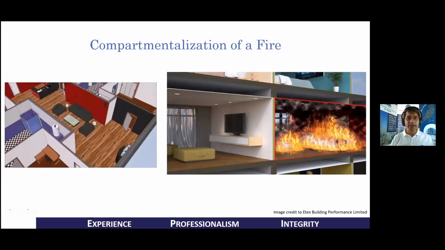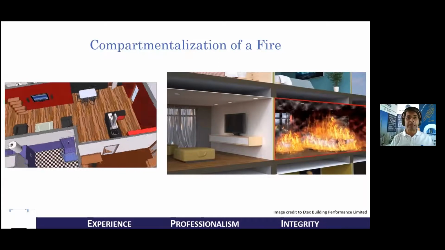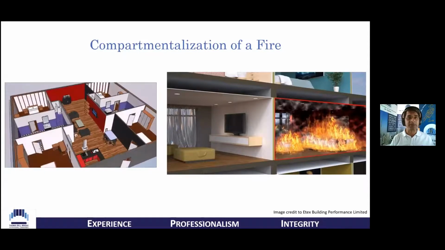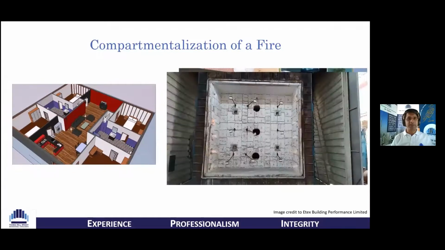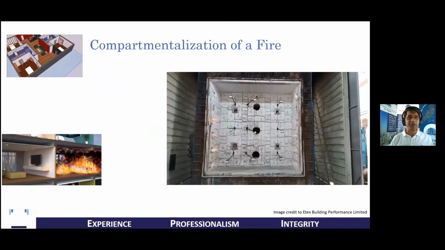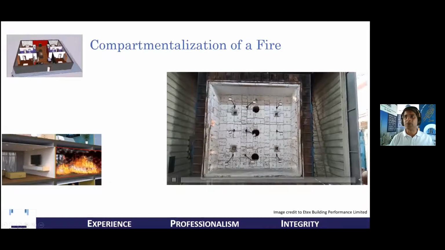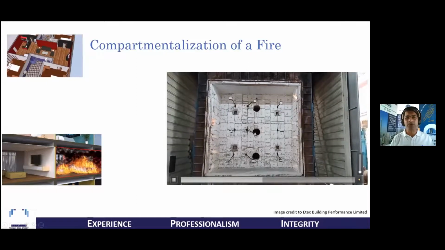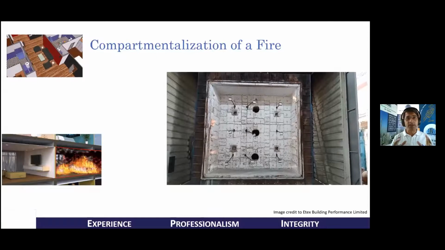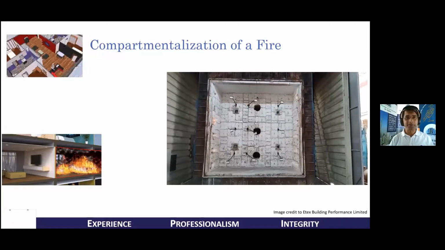We need to evaluate and make sure that we are able to contain and create this environment. How do we test this? We test this by recreating an environment just like this. What you see on your screen is what the furnace where the test is conducted looks like.